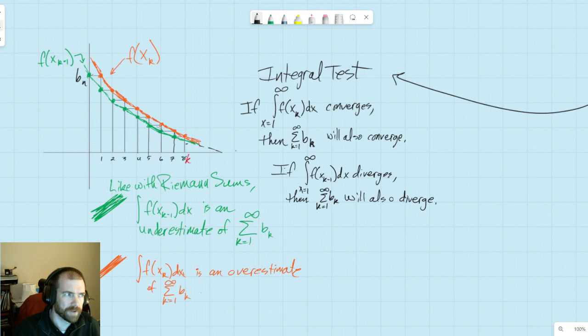Now I played a tiny bit of a trick here. These function values are exactly the same. They're just shifted by a finite amount. So all this is really saying is that all you need to do is take the integral and it will have the same behavior as the sum.